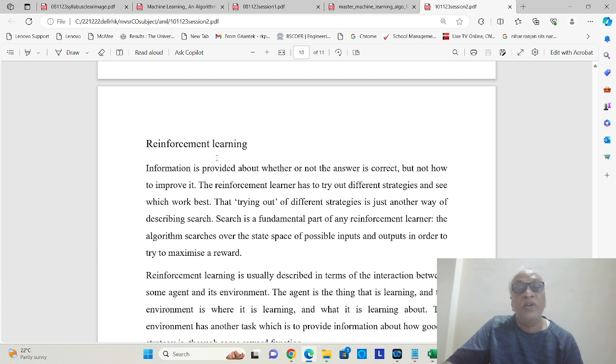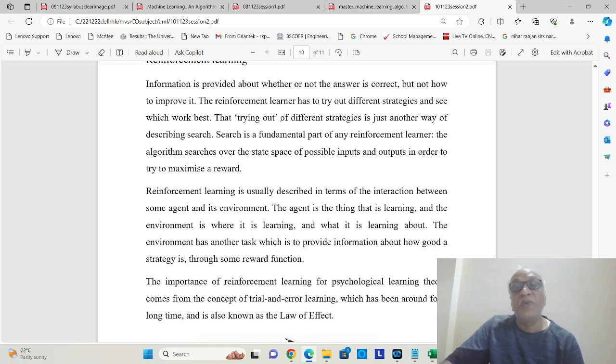In reinforcement learning, information is provided about whether the answer is correct or not, but it will not tell how to improve the answer. The reinforcement learner has to try its own strategies. This trying out is analogous to search, and hence search is a most basic part of reinforcement learning.